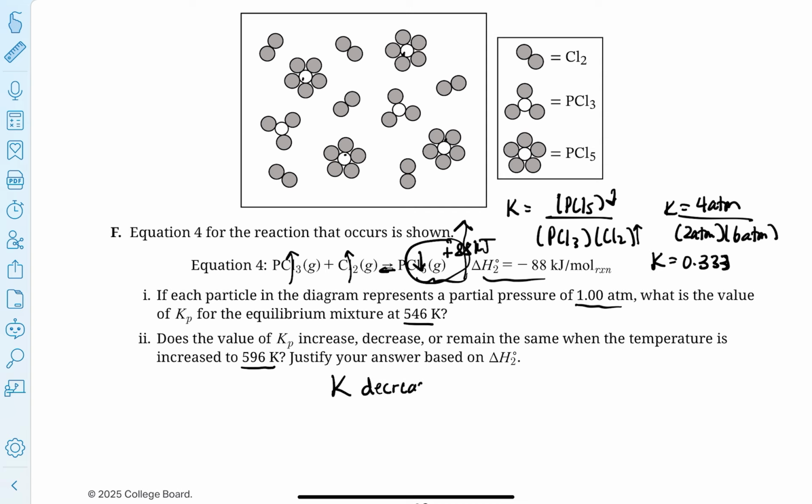So K decreases because the reaction shifts left, causing an increased pressure of your reactants.